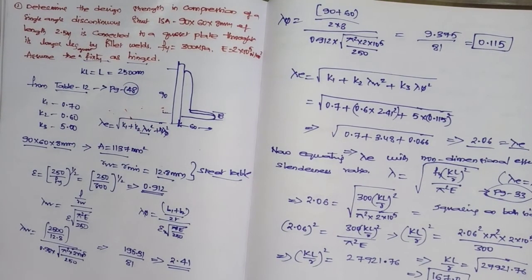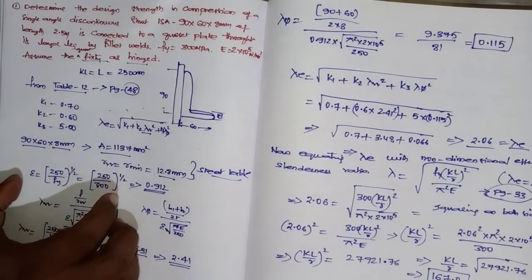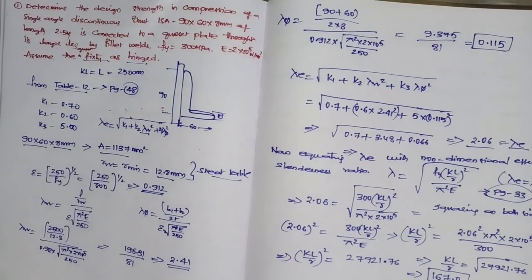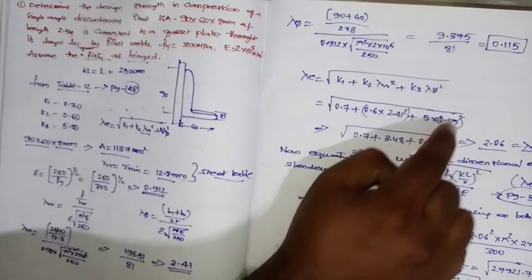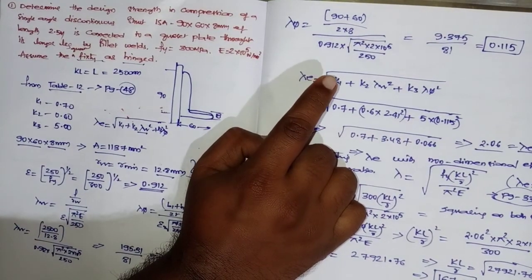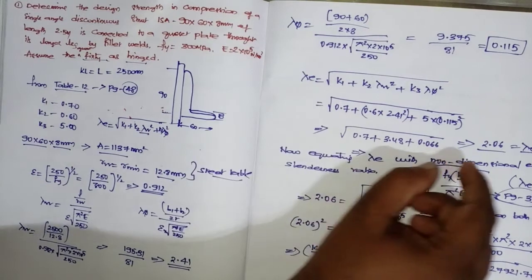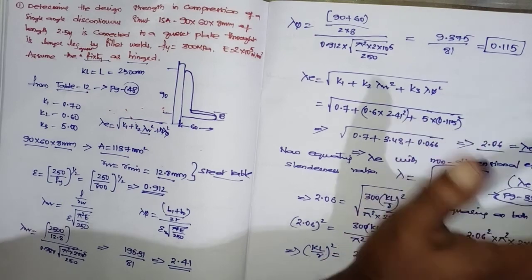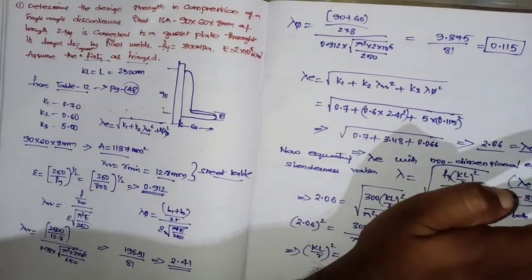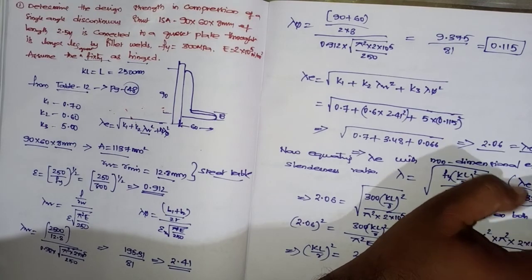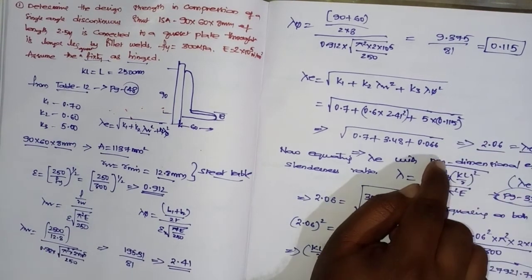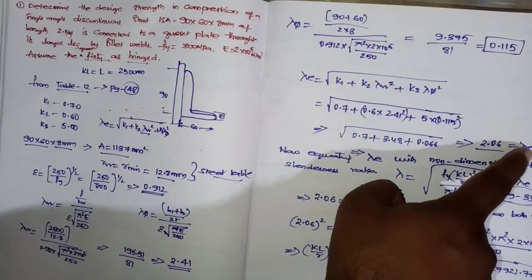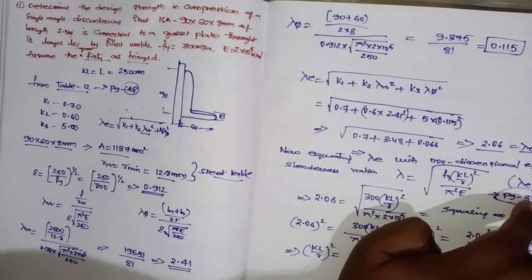Fixity conditions may be either hinged or fixed. After getting that, you calculate every term to obtain the equivalent slenderness ratio. So you arrived at the effective length and the equivalent slenderness ratio. This is a non-dimensional parameter. Slenderness ratio is nothing but a ratio, no dimensions, no units. To that you equate the non-dimensional effective slenderness ratio. We are considering lambda E as lambda, which equals the formula from page number 33, 7.1.2.1.